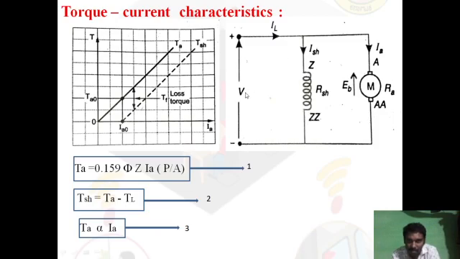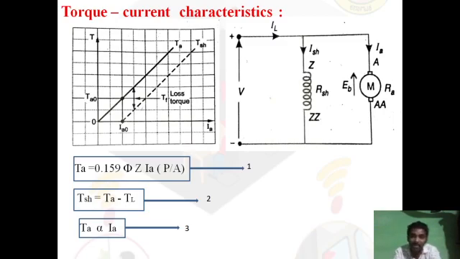The same voltage is also applied to the armature conductors, which are placed in the armature slots and connected in the form of lap or wave winding.